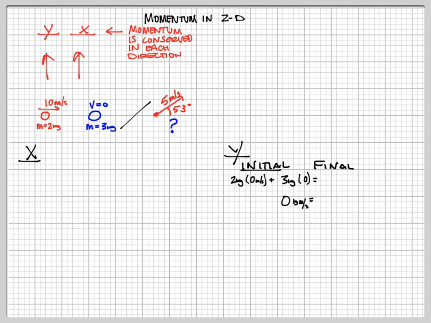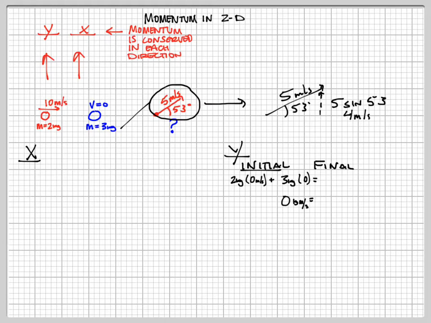Now, what happens afterwards in the y direction is a little bit interesting. We have to take this 5 meters per second at 53 degrees and look at the y part of it. The y part of that is going to be 5 times the sine of 53. Using our calculators, 5 times the sine of 53 is 4 meters per second.